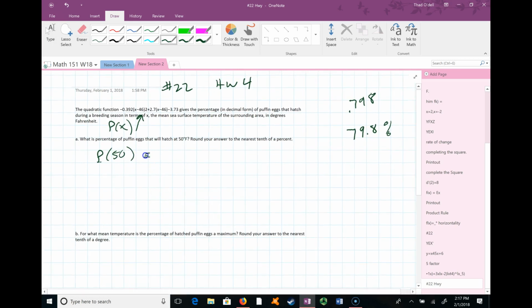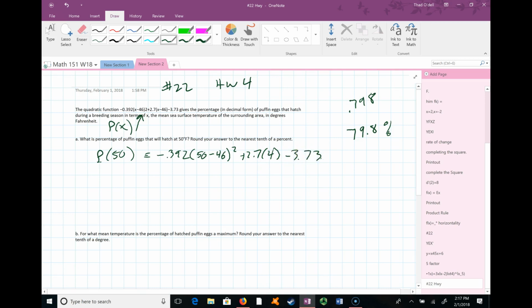So that would be negative 0.392 times 50 minus 46 squared plus 2.7 times, and notice that 50 minus 46 is really just 4, so I could have just put a 4 there, minus 3.73.